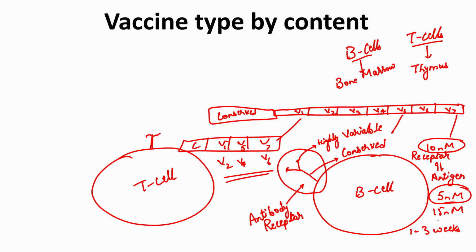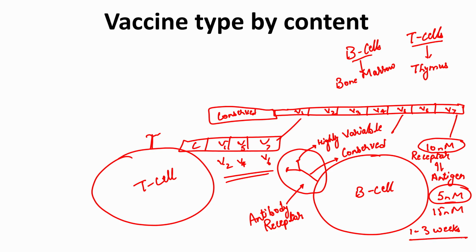And once these are generated, they can go into memory bank. Most of these numbers, when they amplify, die out once the infection is gone, but some of them get conserved and are just circulating or remaining stationary in some lymph nodes, where, when the same infection comes back again, these cells are now ready.